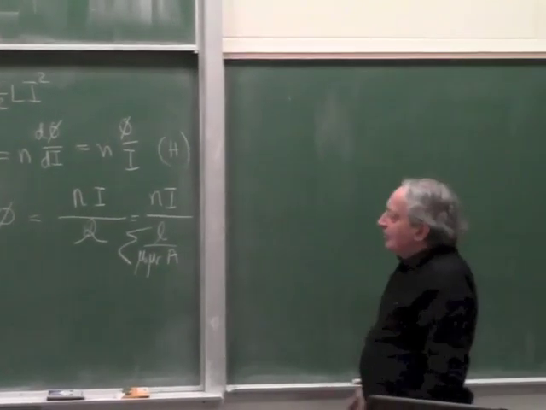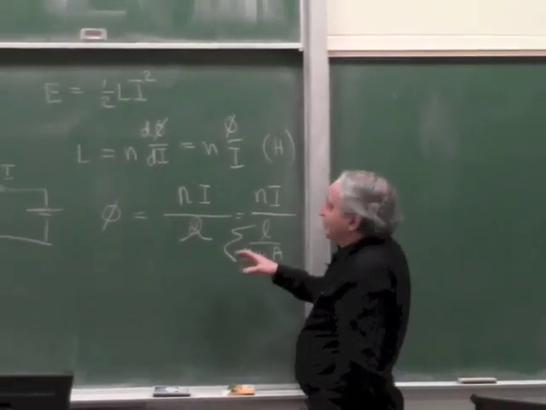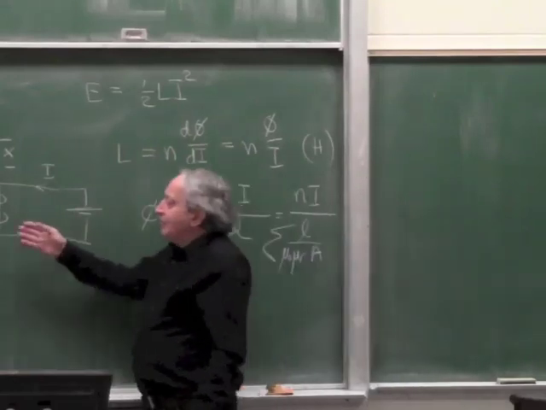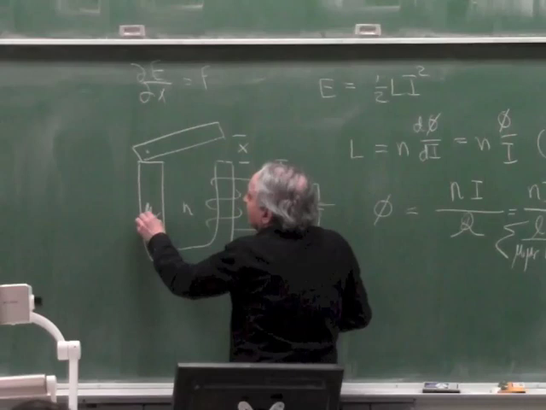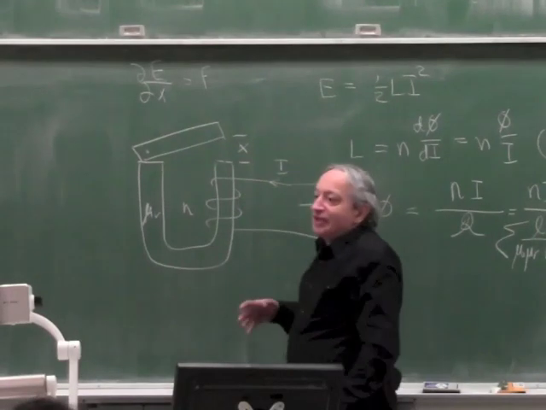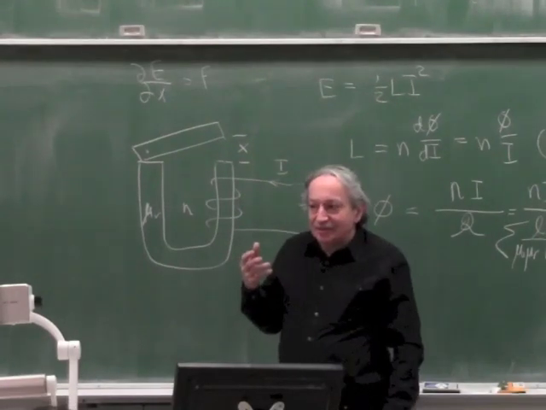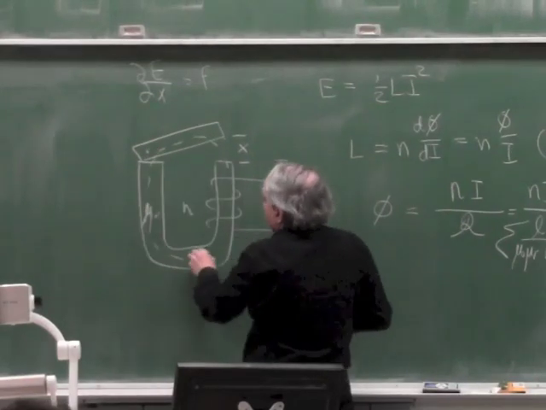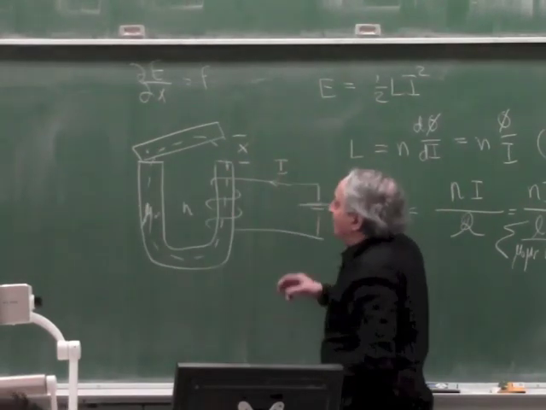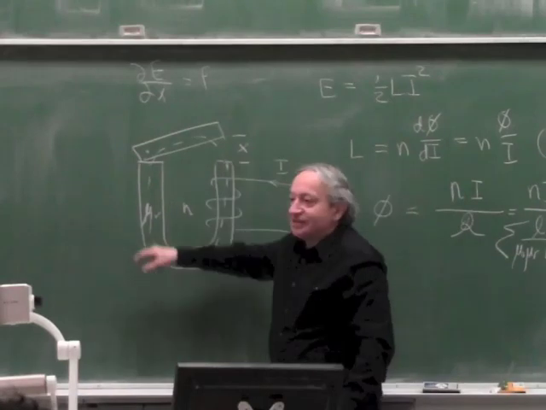Okay, so now we look at this and try to simplify things a bit. I mentioned that the mu r of a magnetic circuit is thousands of times higher than air. So the total magnetic flux has to go through two impediments: one is an air gap and one is the steel path.